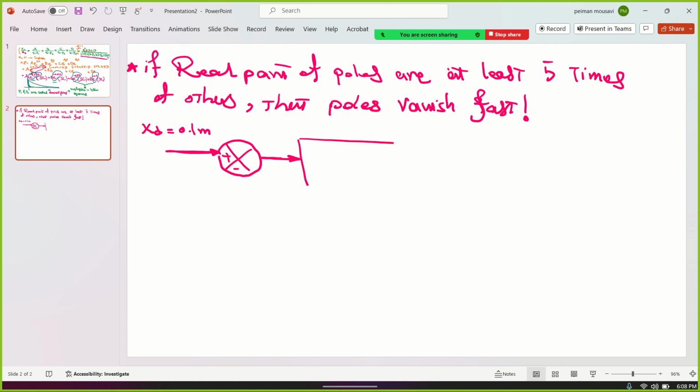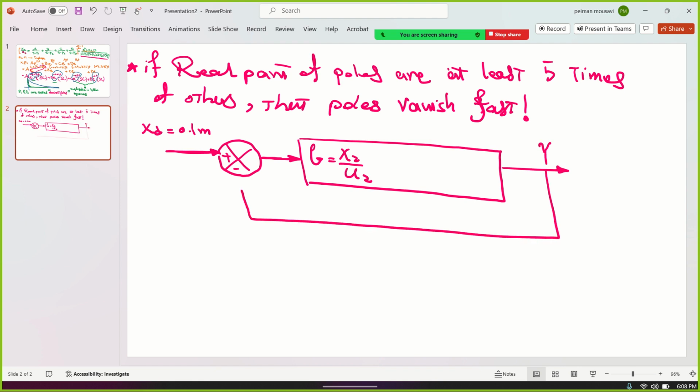This is the G we got here, x2 over u2, and this is the output y of the system. Go and simulate it in Simulink for yourself.